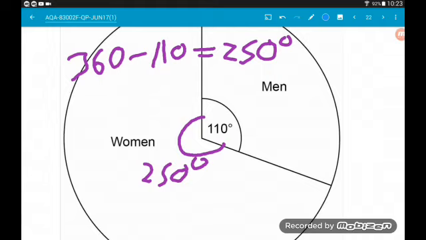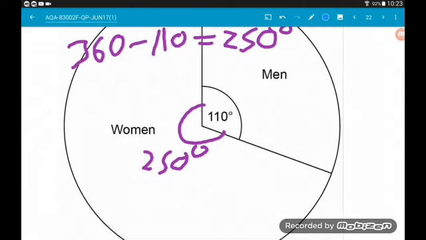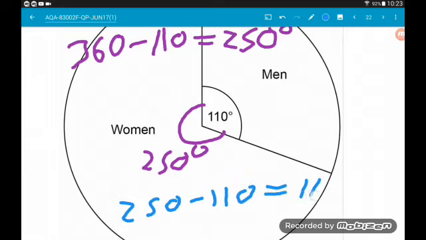From that, we can work out the total number of voters. So, if we do 250 minus 110, that's going to give us 140 degrees. So that tells us how much bigger in degrees the women's sector is than the men's.